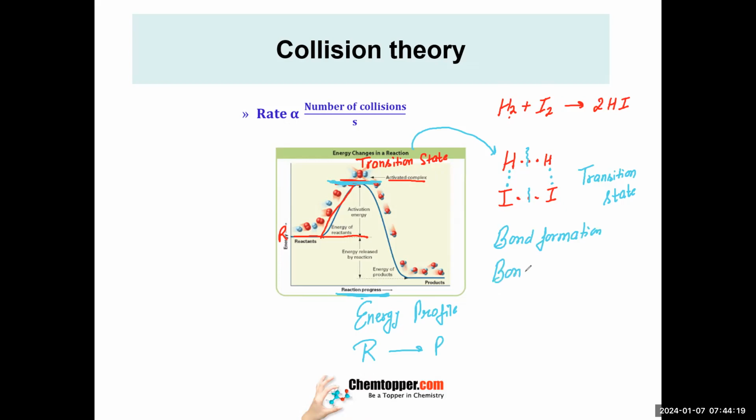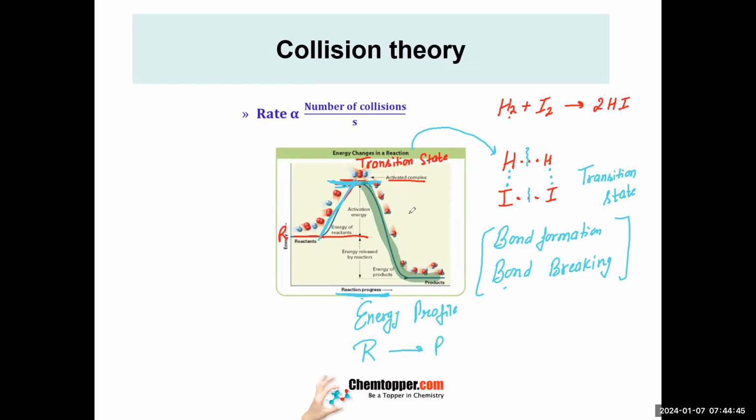Is it okay? Both the things are happening here. Bond breaking needs a large amount of energy, so you're on the top of the hill. Now bond formation has started. Once the bond formation has started, all the bonds are broken, then the reaction becomes highly exothermic. See here.